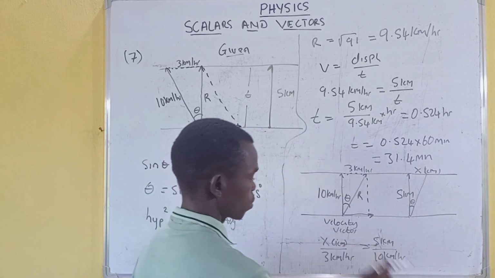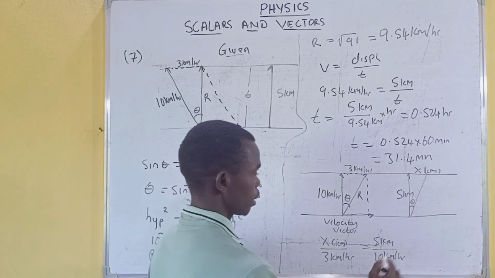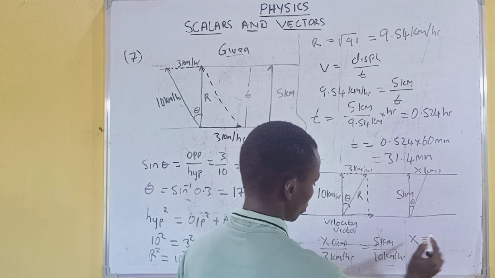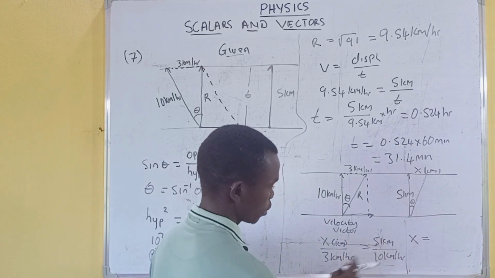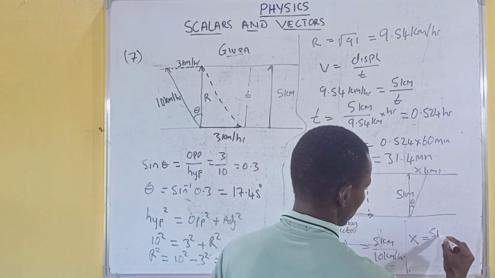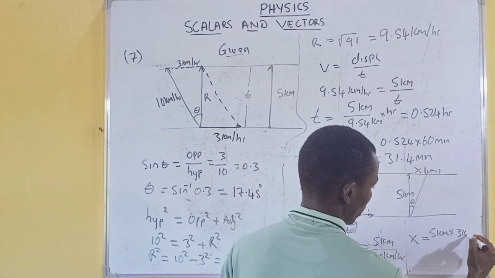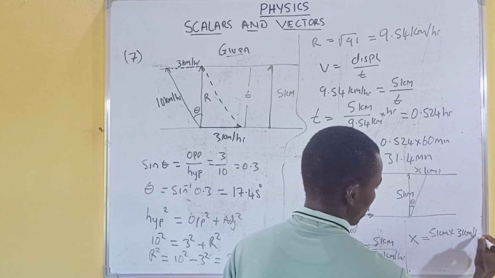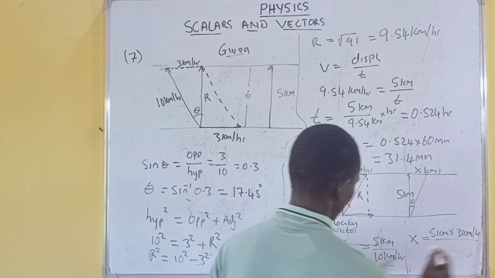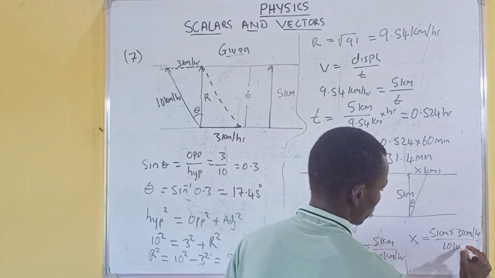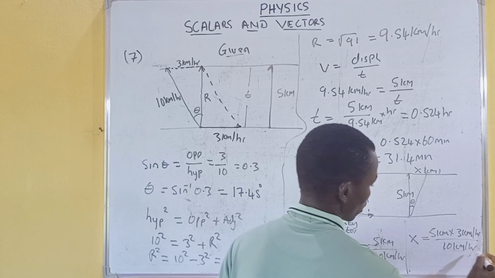From here, we can cross multiply to get our s, which will be s equal to this times this: 5 kilometer times 3 kilometer per hour over 10 kilometer per hour.